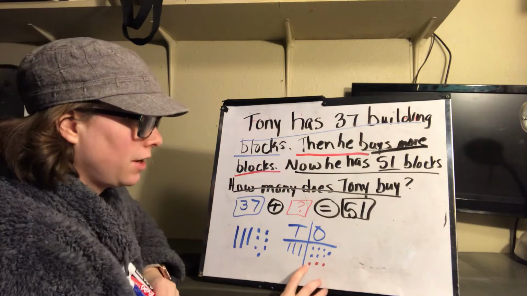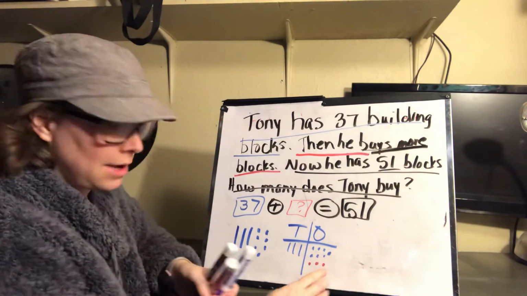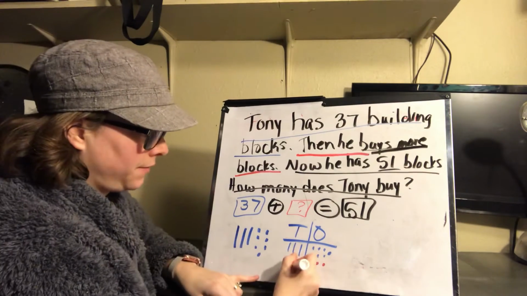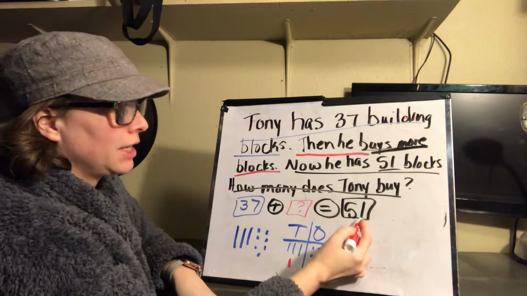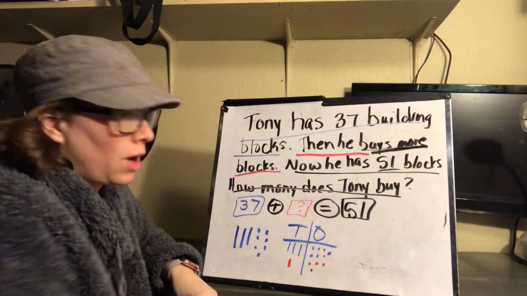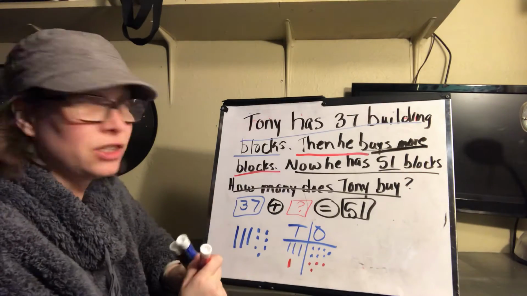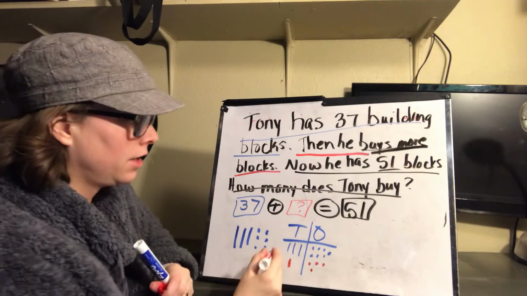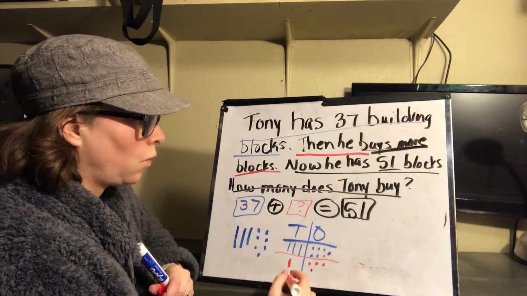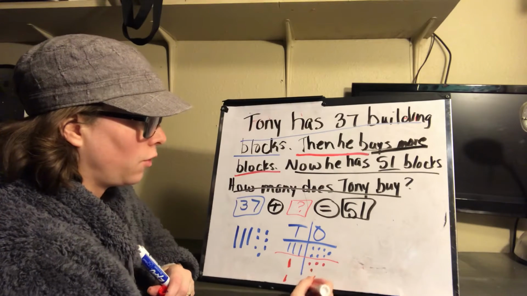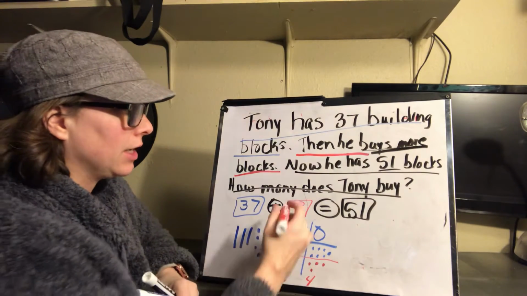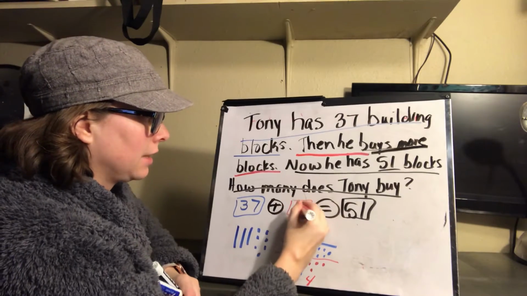So 37, 38, 39, 40. Now I'm going to add a 10, makes 50. But I have to get to 51, so if I add one more 1, that makes 51. And then I know my answer is what I added on, which is 1 ten and 4 ones. So my answer is 14.